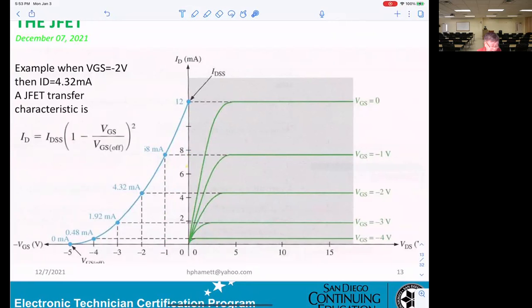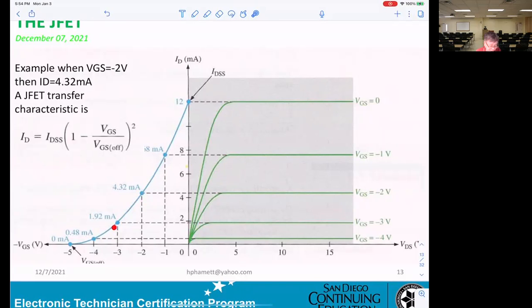So basically, what they want to know is what the ID equals and what the VGS equals. So each point in here we call a Q point.